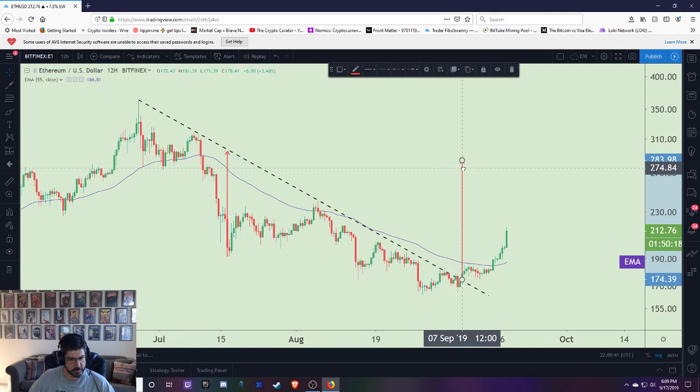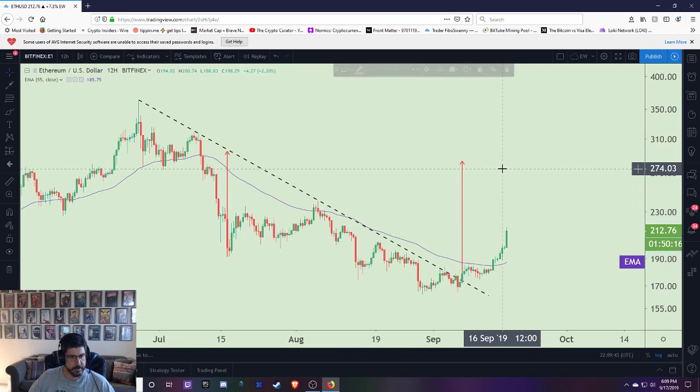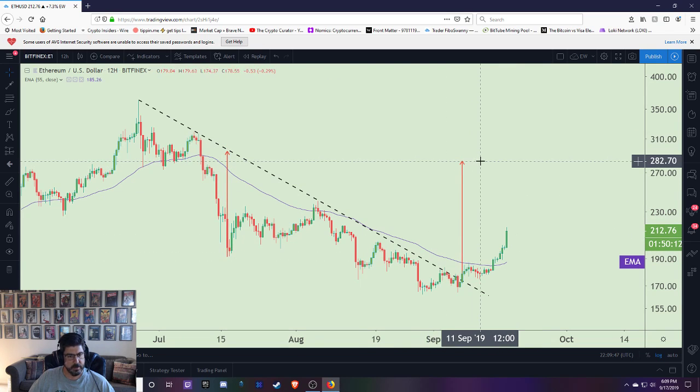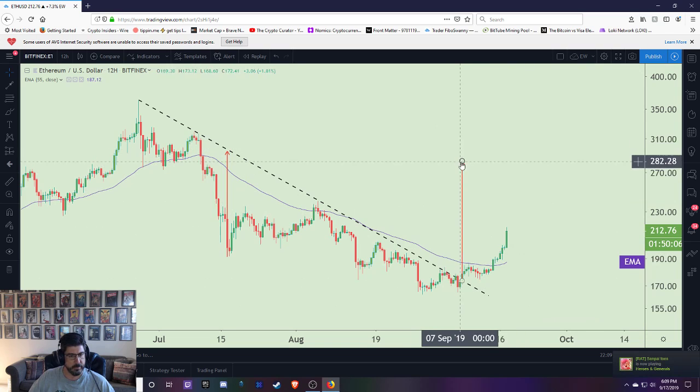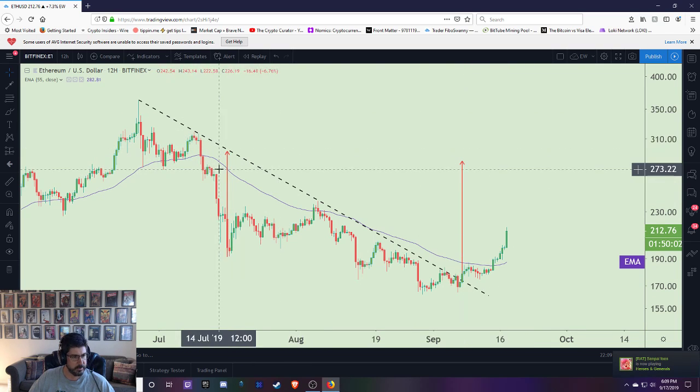Move it over to the breakpoint right about there, and this could be a possible target off of this move to the upside. So as long as the bulls stay in control here, that could be a target to look for. So let's see if we're on our way to that target or not.